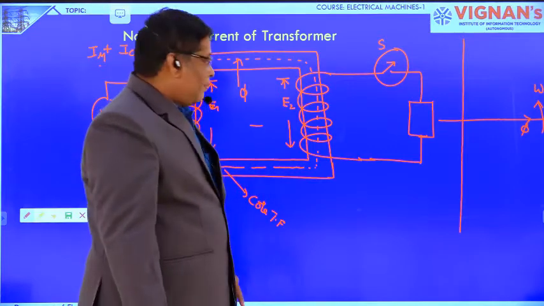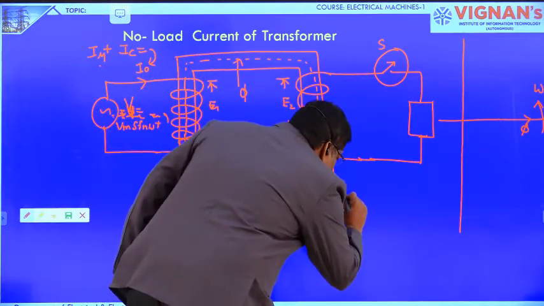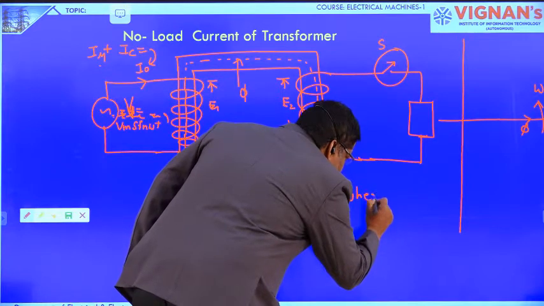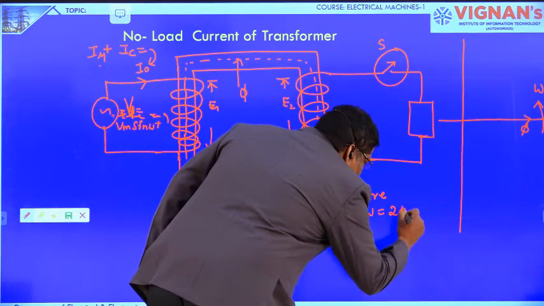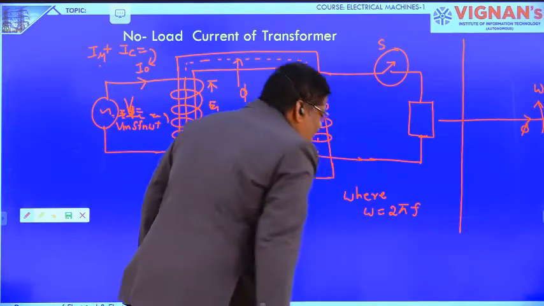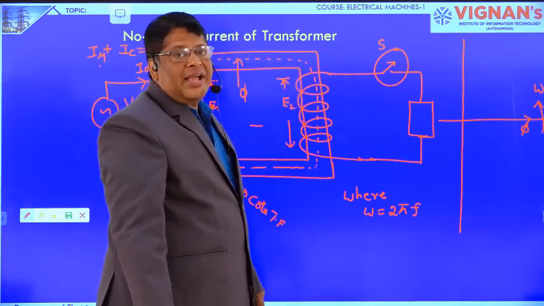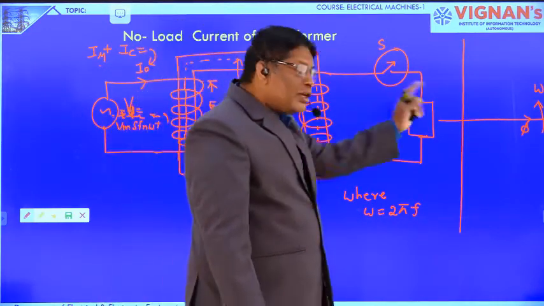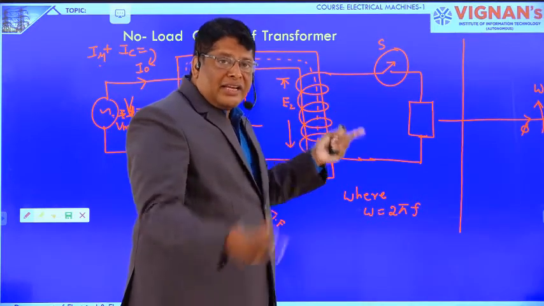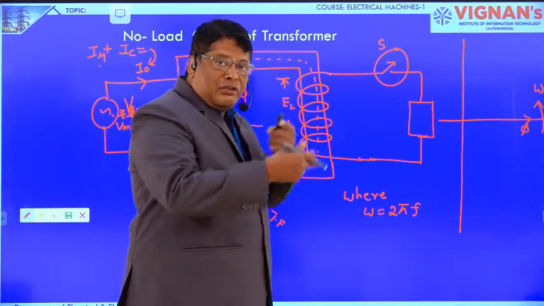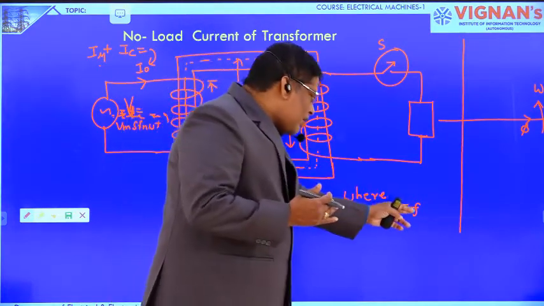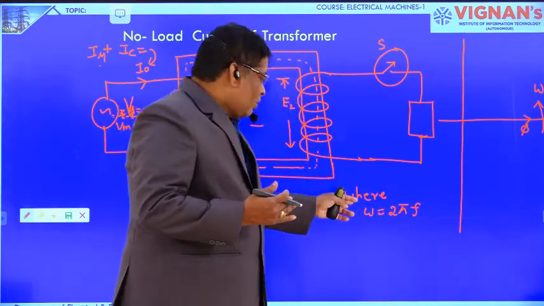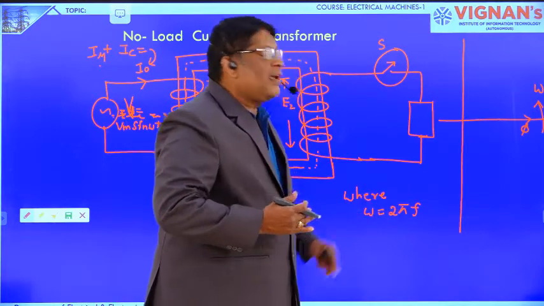Omega equals 2 pi f is the angular velocity, because these phasors are rotating in a circle. So the relation between the frequency of supply and angular velocity is angular velocity equals 2 pi f.